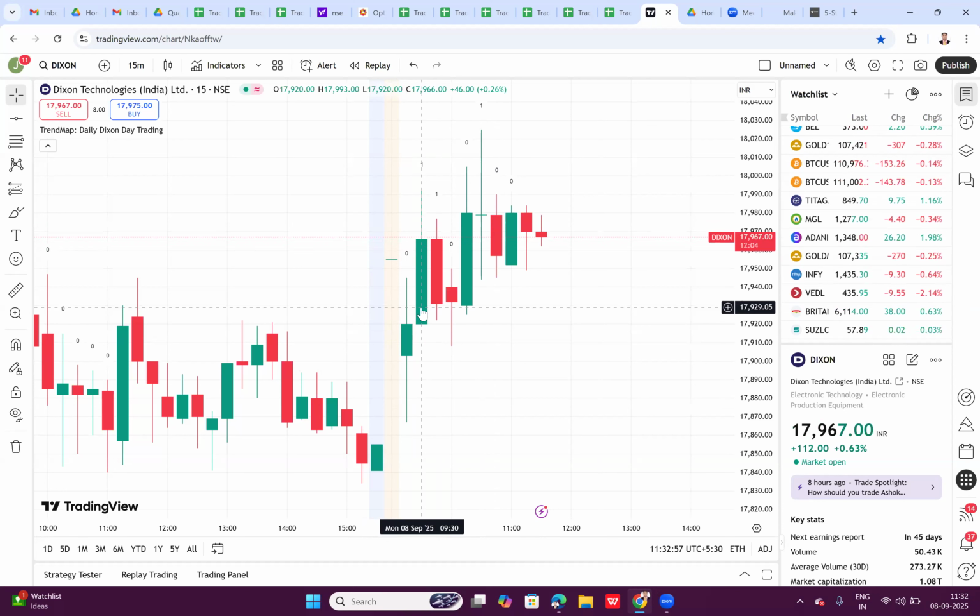But this Dixon daily trade indicator, mainly we will follow in these three stocks: Dixon, MazDock, and Suzlon, because ROI in these three stocks is more compared to other stocks. So if you all have some extra capital, then also you all have to diversify in these three stocks.